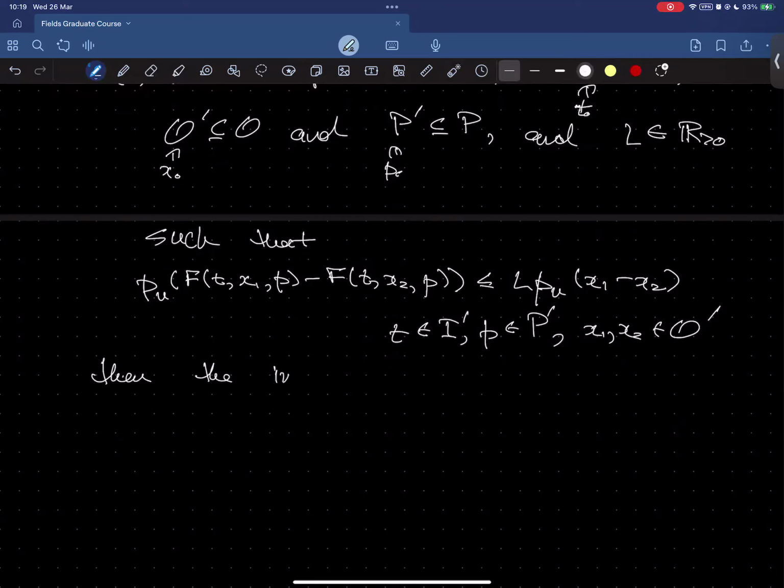the initial value problem, right? Okay, so it's an ordinary differential equation.